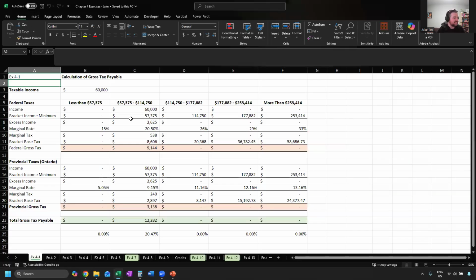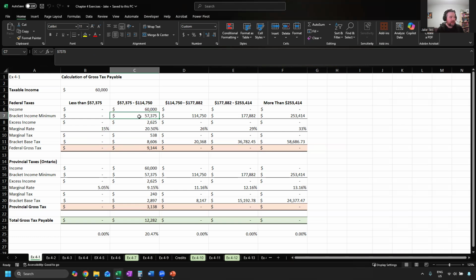So this is easy enough. I've constructed these brackets. Now, if you actually look at the tax return, which maybe I will show you in the next video, this is roughly how the federal tax calculation appears. We have our various brackets. We know that if I get to the top of this bracket, the taxes will add up to 8,606. So I only need to put my income in the next bracket. So we made 60,000.